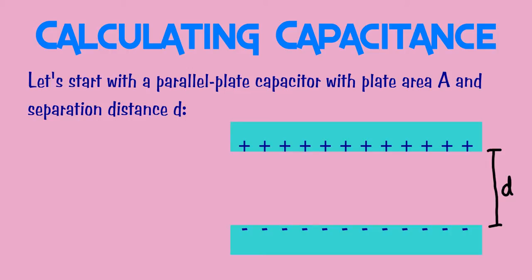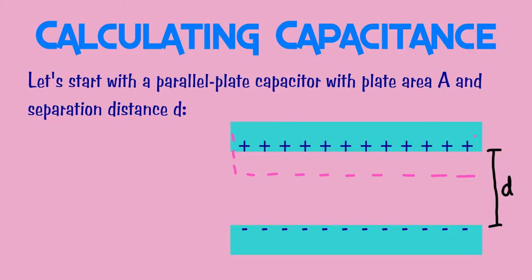So let's jump right into using Gauss's law. We know that the first thing we have to do when using Gauss's law is to choose a Gaussian surface. And in this case, I'm going to choose a Gaussian surface that encloses all of the charge on the positive plate. The best Gaussian surface in this case is going to be kind of a rectangular prism, I guess you could say.